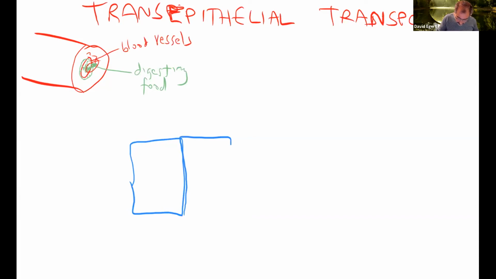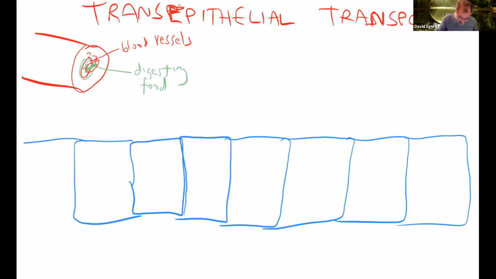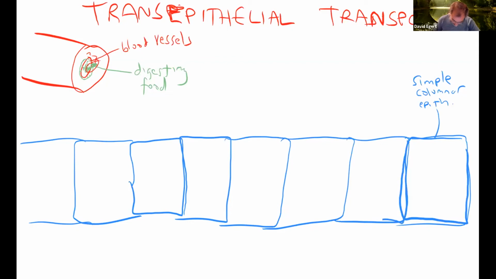If you remember from anatomy, I know a lot of you have been in anatomy, what kind of epithelium makes up the lining of your small intestine? A simple columnar. Yeah, this is like my simple columnar epithelium. So these are my cells, my little simple columnar cells.